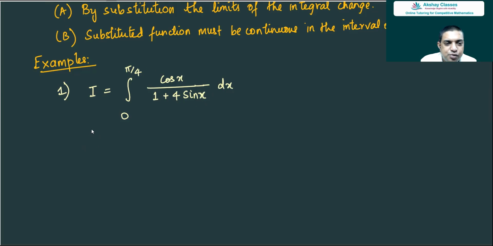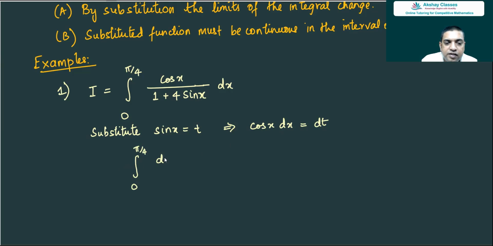Now let us substitute sin x as t. This will imply, differentiating, cos x times dx is dt. However, we cannot write 0 to pi by 4 dt upon 1 plus 4t.